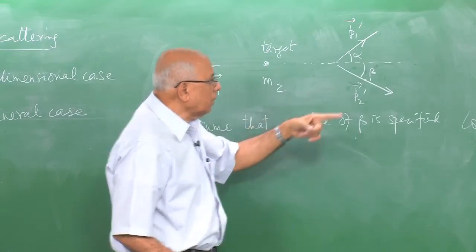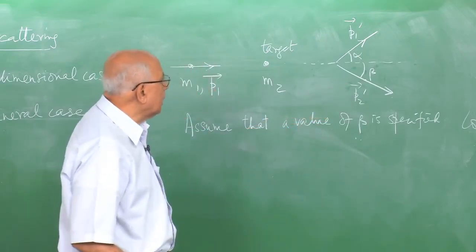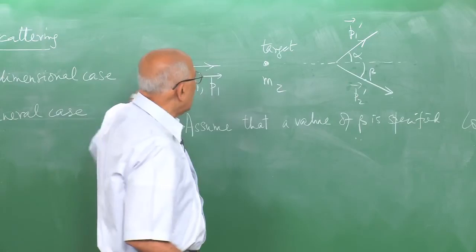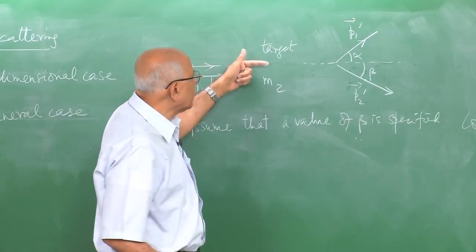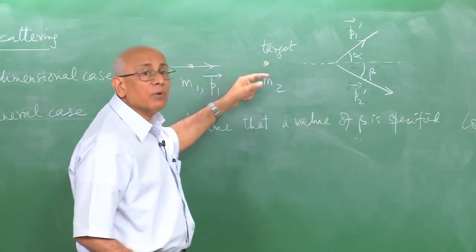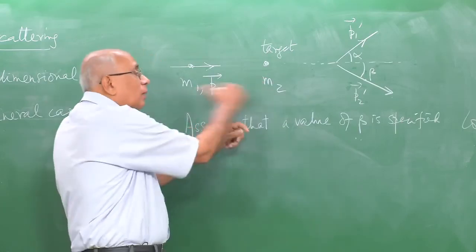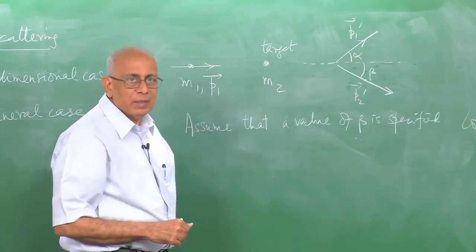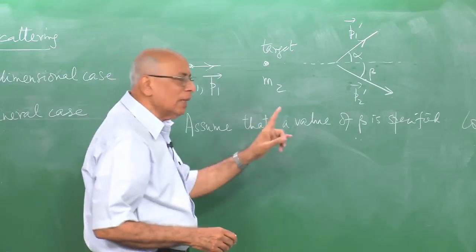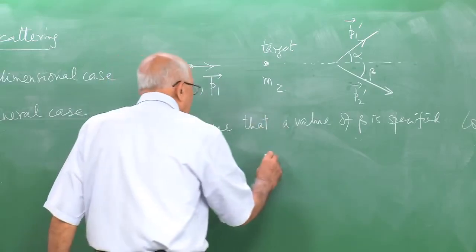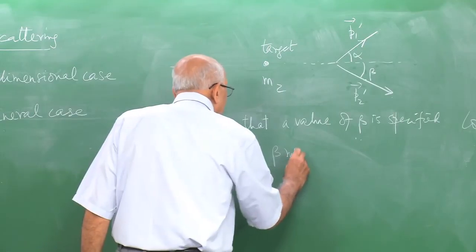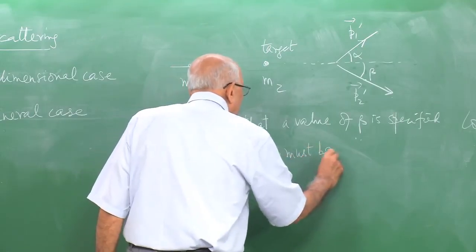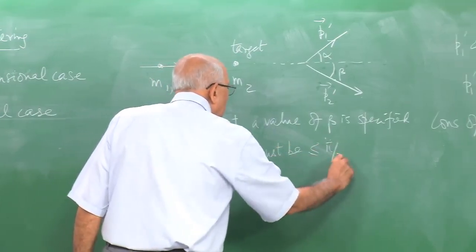Now it should be obvious to you by looking at this diagram immediately that once you have a projectile coming in this direction, it is not possible for this mass m2 to go backwards in this direction. At best it should be in the forward half, and therefore it's clear from this already that beta must be less than or equal to pi over 2.